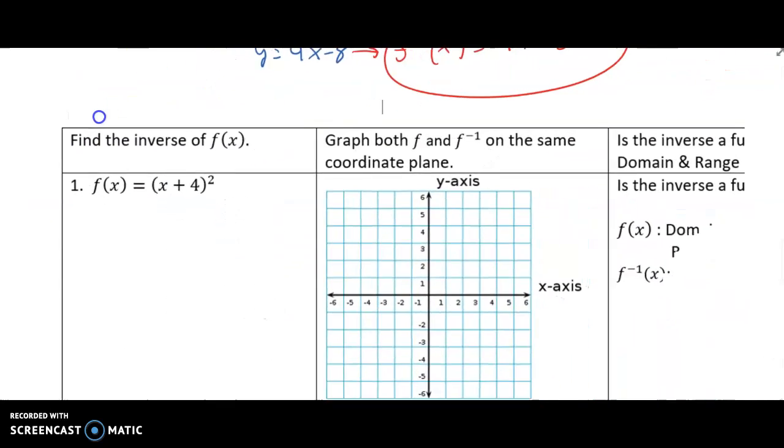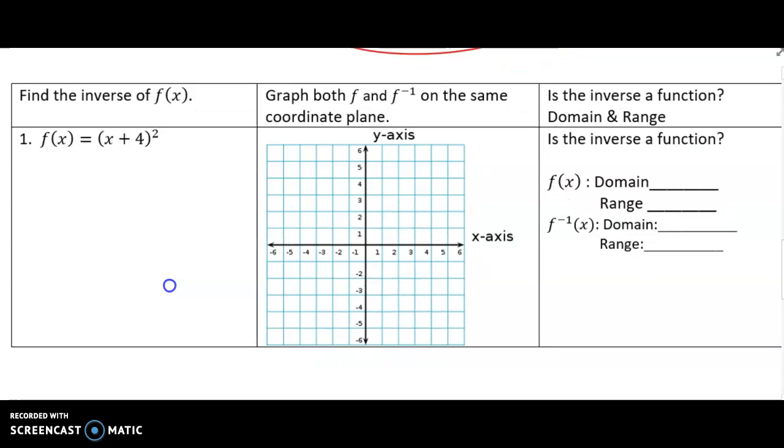Okay, now we have another example. We're still going to be finding inverses, but now we are going to compare and contrast how the domain and range and the graphs are affected. So, here, let's find this inverse really quick. I'm going to switch f of x to y. Switch x and y.